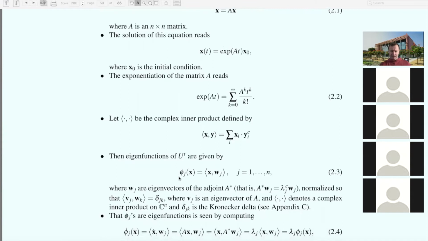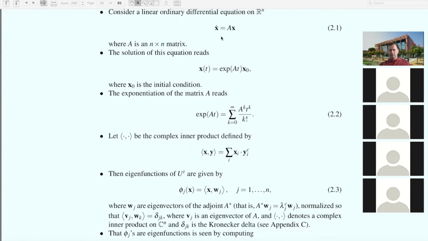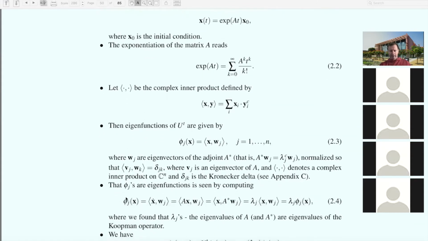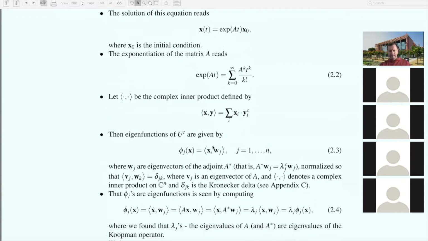Let's take this function. It's a linear function in x, right? It's a complex inner product between x and W_j. And so let's prove that that's actually an eigenfunction of this equation here. The proof is easy. You take phi_j dot, that's an inner product of x dot and W_j. x dot is Ax from here. And then we are going to use the adjoint.